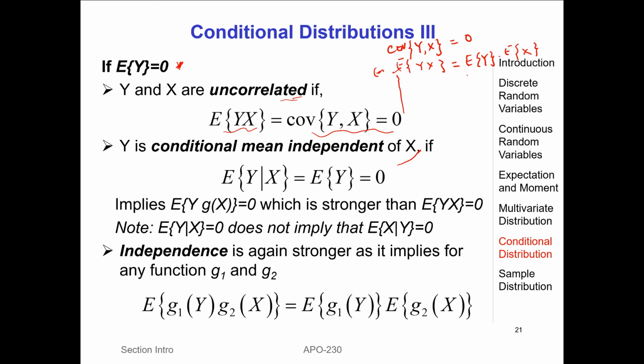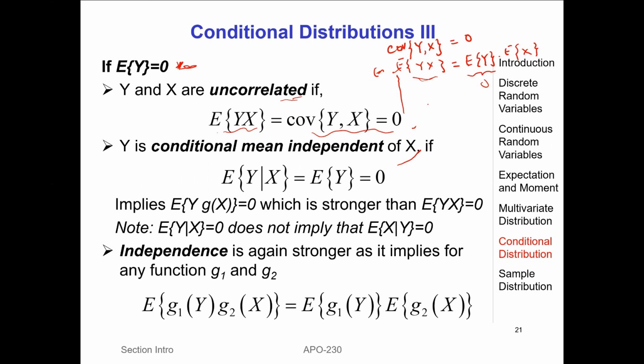And because we are talking about a case where the expectation of y is 0 here, then the right-hand side for sure must be 0. In this case, it implies that the left-hand side must also be 0. And that's why E of y times x is 0 here on this line.